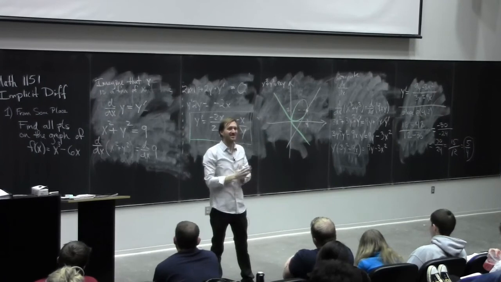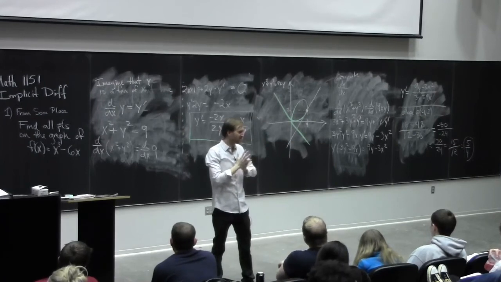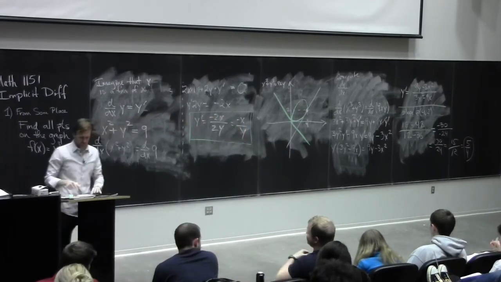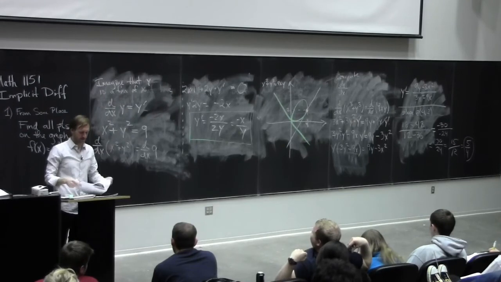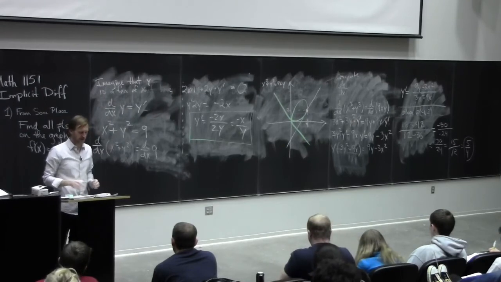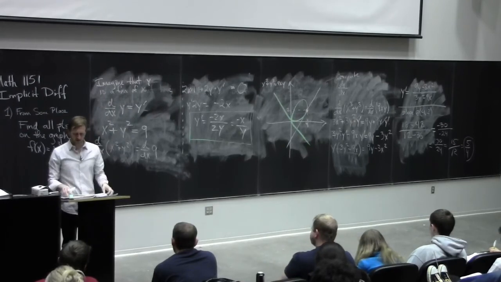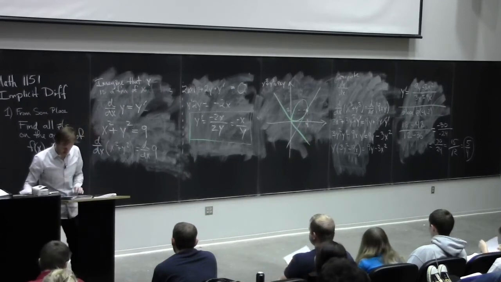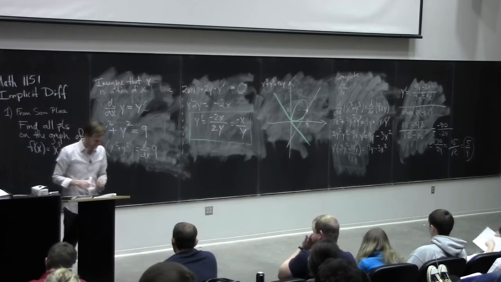If you see x's and y's mixed together, that's when you use implicit differentiation. All right, let's do some more examples, and then maybe I will push us on to the next chapter because that's harder stuff.